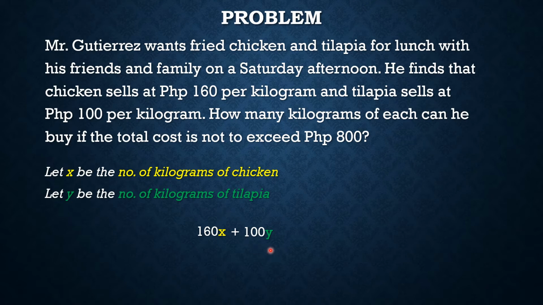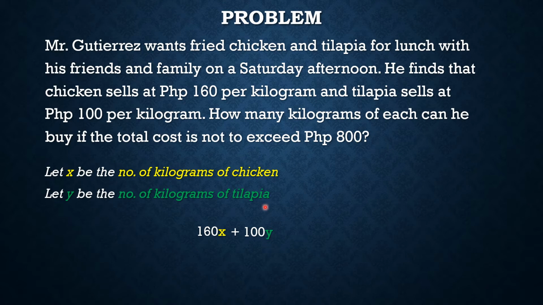So imagine, let's say bumili siya ng 2 kilos of chicken. So, 160 per kilo. So, 160 times 2, 320. Bumili siya, for example, ng 4 kilos of tilapia. So, 100 times 4 is 400. So, 320 plus 400 is 720, which is hindi lumagpas ng 800. So, possible yun, no? Pero ang tanong natin, yun lang ba yung possible na answer?